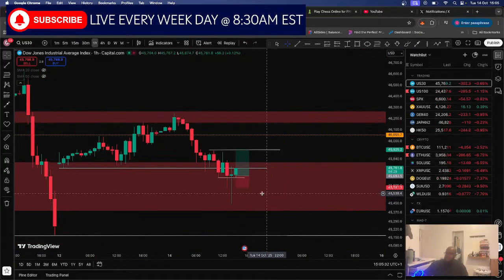We do need to see the market get above this previous day's low to confirm our bullish momentum. So if we can do that comfortably, we should see the market begin to rally aggressively. However, if we do fail, that would be very, very bad.